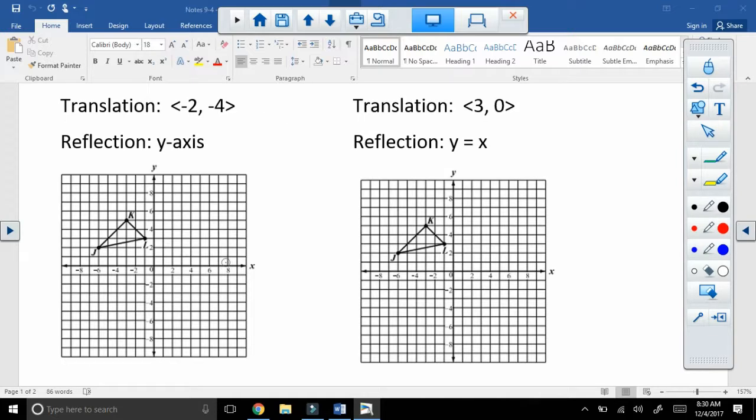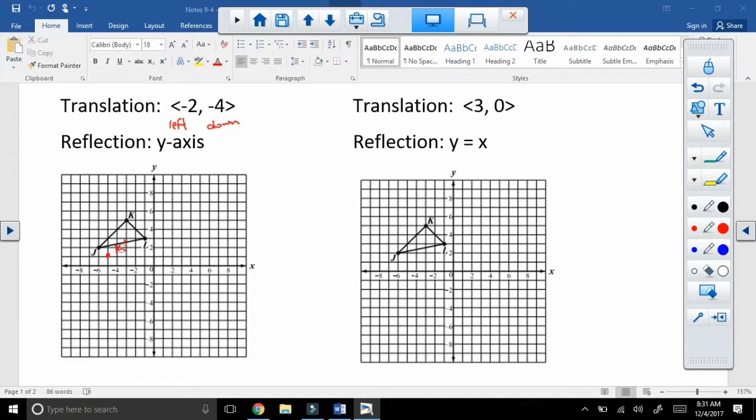These first 2 are both glide reflections. You want to first of all perform this translation with this vector being -2, -4. Remember what that means is it's going left and then down. So take each point, go left 2 and then down 4, and make sure that you label these.